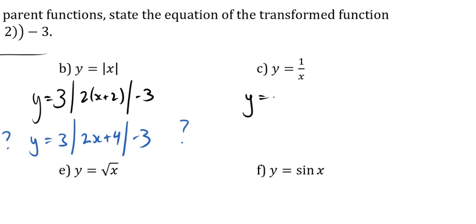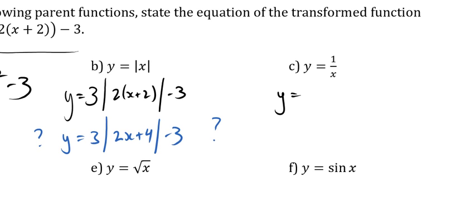All right, so one way I could write this is 3 over 2x plus 2, and I could write that in factored form, which is sort of the better way to write it, especially right now, but you could write it either way, minus 3.